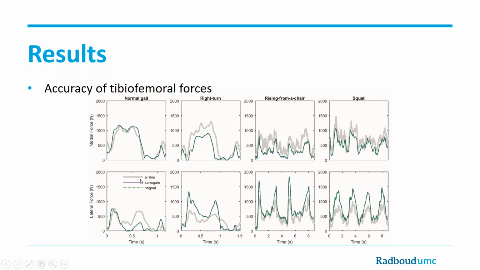And we also provided, as a gray line, the experimental force measured by the instrumented prosthesis. So the two curves for the surrogate and original model are basically overlapping. This gives us enough confidence that the actual forces on the medial and lateral side estimated during different activities are equivalent.